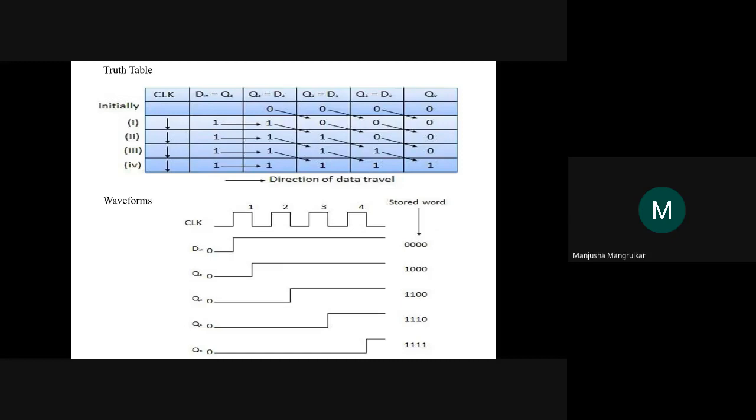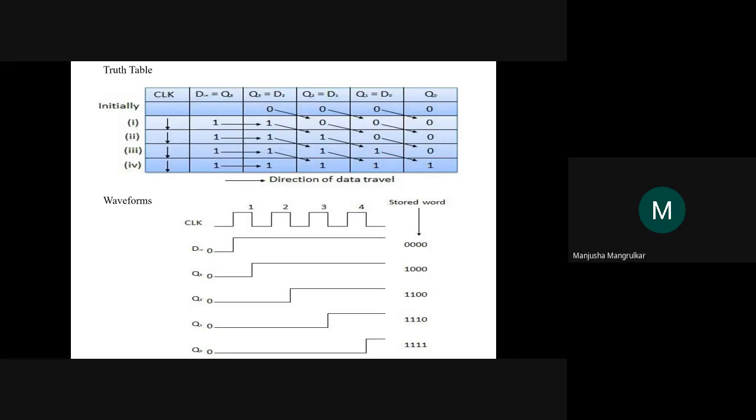At the very first clock, all Qs are reset, so the data is 0, 0, 0, 0. This is D in. When D in is 0, all outputs are 0 because of the reset condition, and for this clock pulse all are 0.